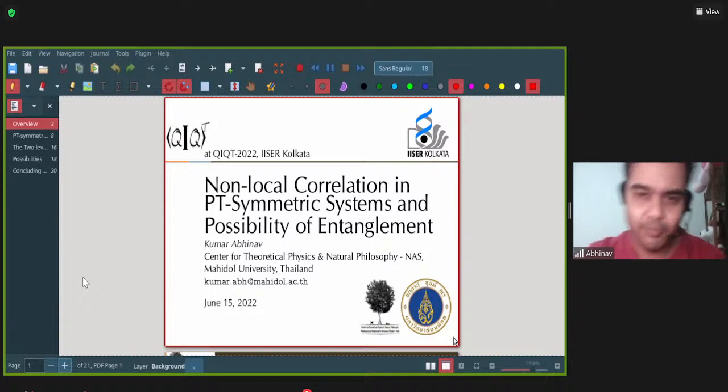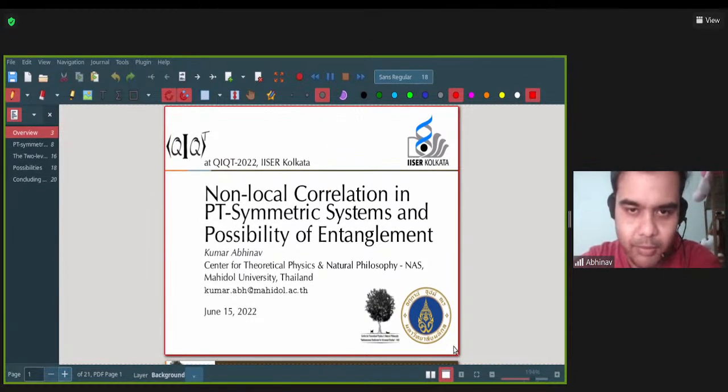First, there will be some introductory part regarding PT symmetric systems, so please bear with me; if some students are there, they can take some benefit. I'm stressing some non-local correlation in PT symmetric systems and the possibility of entanglement. The two phrases, non-local and entanglement, kind of rhyme together, so it's an obvious line of thought.